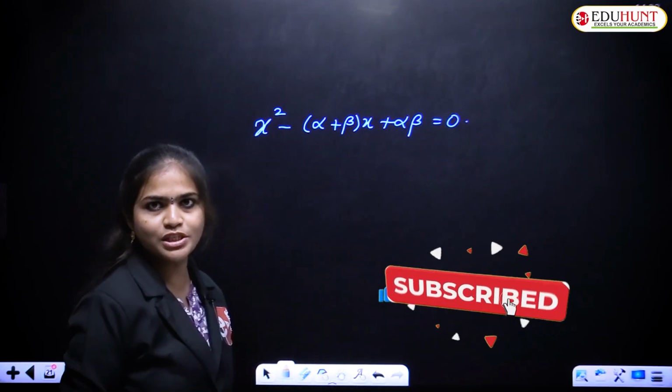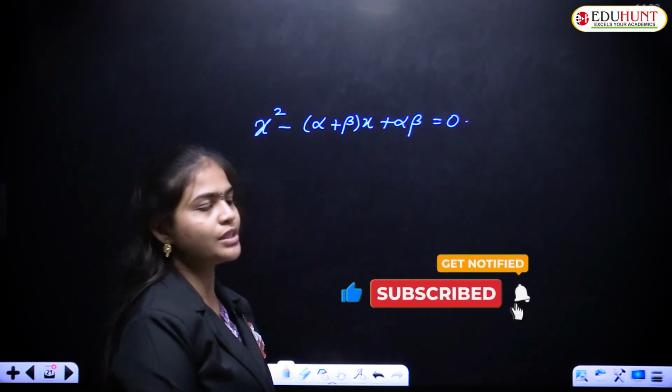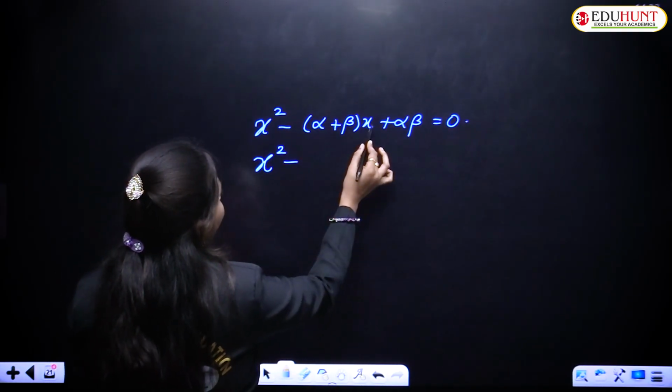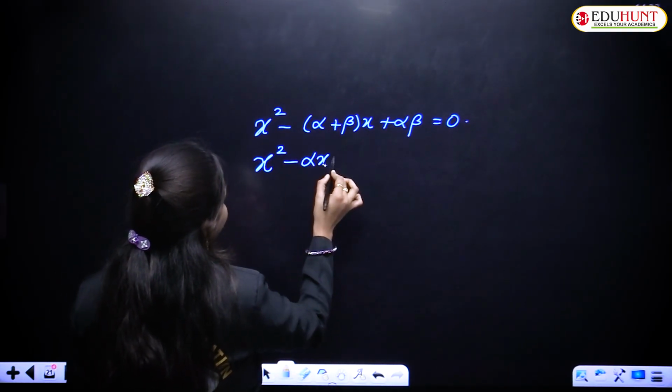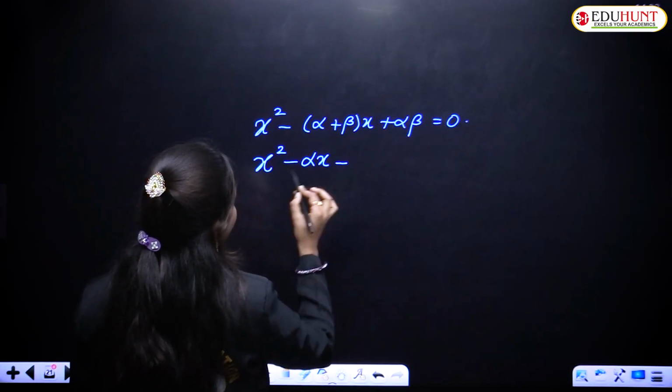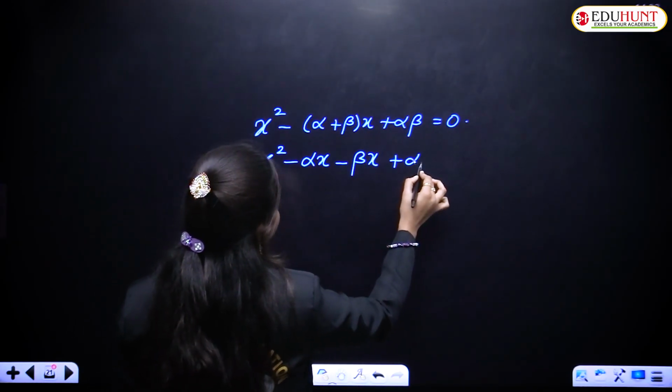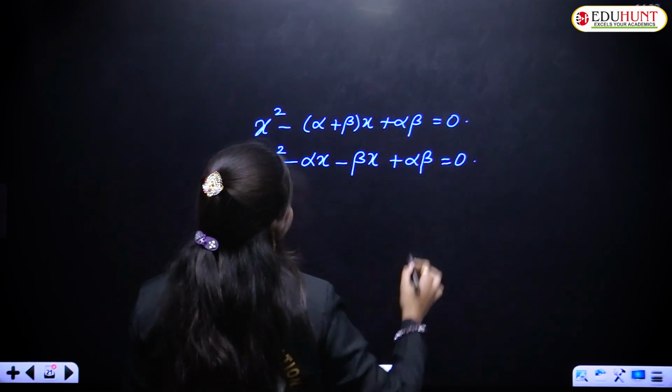This is the required or given equation. So x square minus alpha into x is alpha x. Next minus into plus is minus, beta into x is beta x, plus alpha beta is equal to 0.